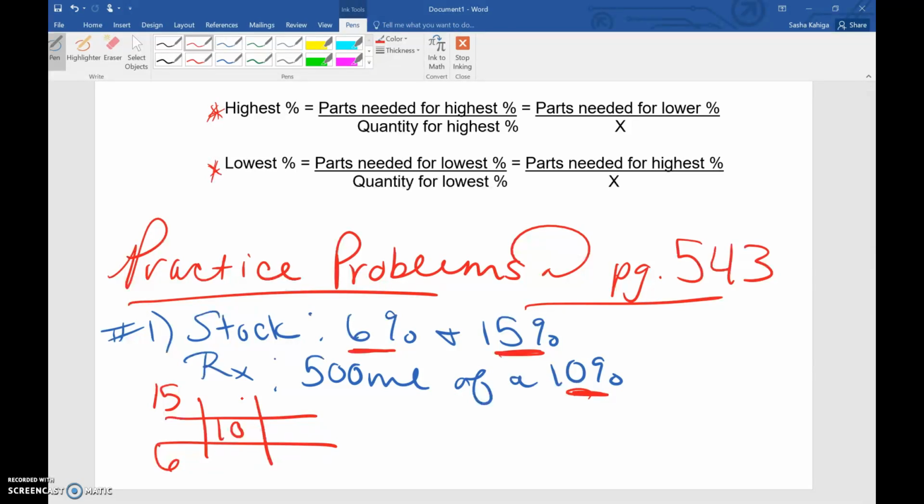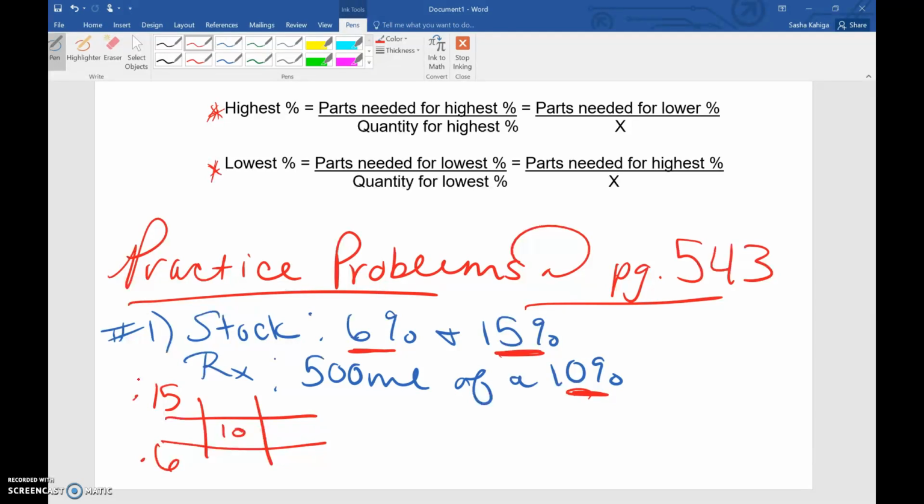So I am going to subtract diagonally. Well, first, before you do that, you ask yourself, does the desired concentration, which is 10, fall in between the 6 and the 15? Well, yes, if I count from 6 to 15, I'm going to hit 10.